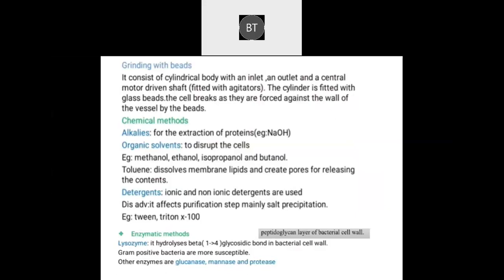So, obviously, we'll be using detergents to break the cell membranes. This is again like lipid, protein, and protein interactions. With that, we can bring about the breakage of the cells.